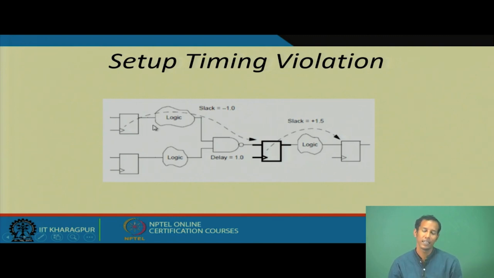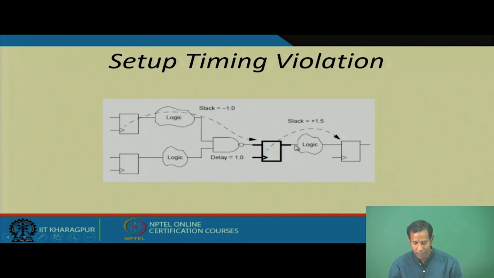In timing analysis, we find that this particular path has a slack of -1. A slack of -1 means the actual arrival time and the required arrival time differ by -1.